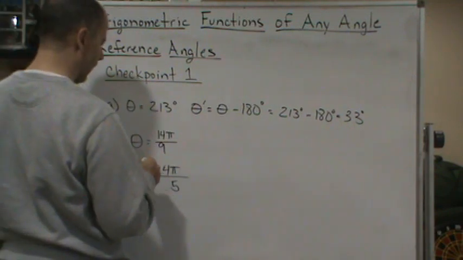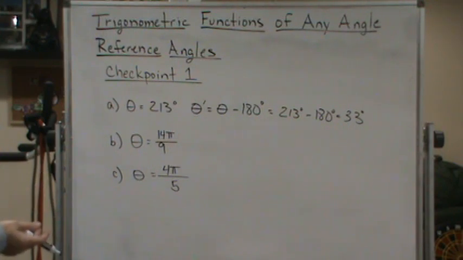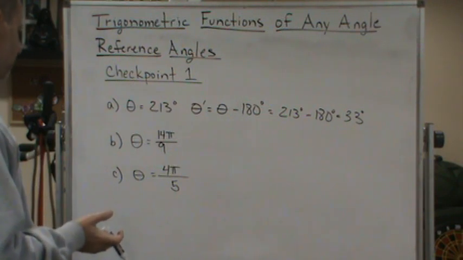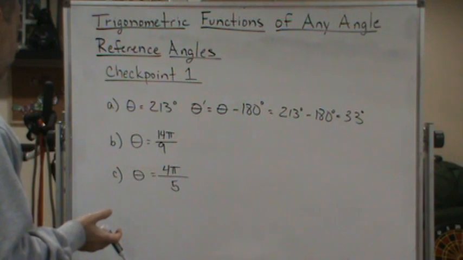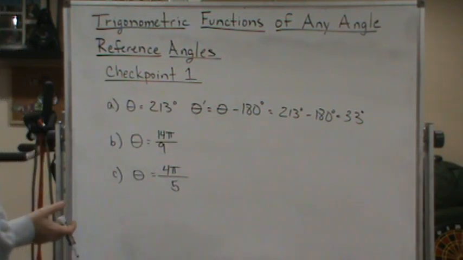And now here we got for part B, theta is in radians, so it's 14 pi over 9. Okay, now 14 pi over 9 is less than 2 pi, right? To be 2 pi would have to be 18 pi over 9.